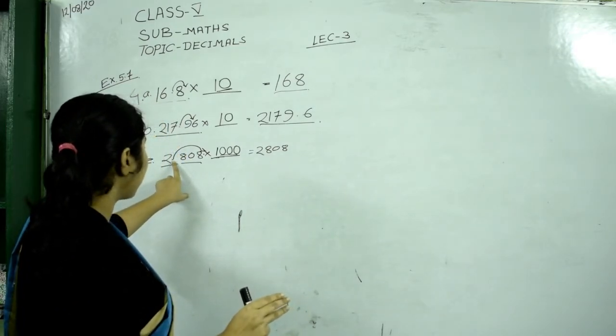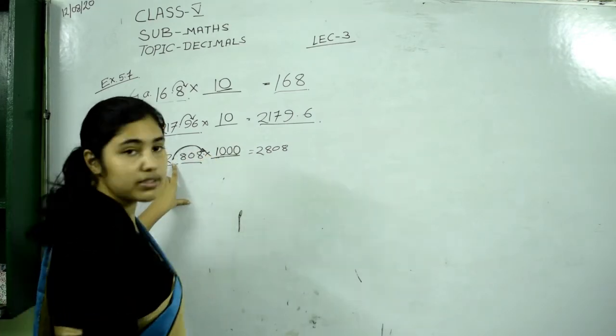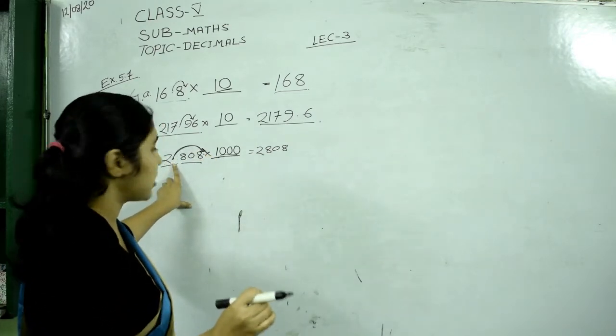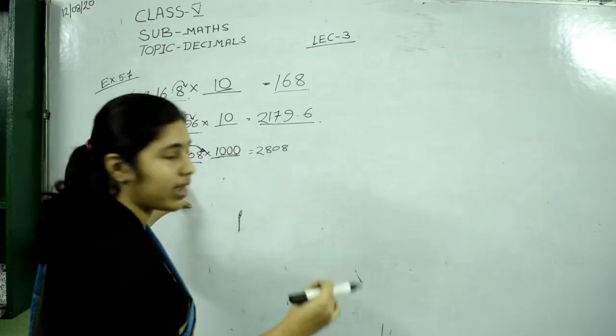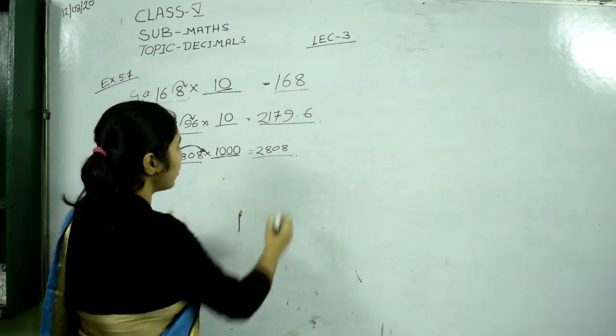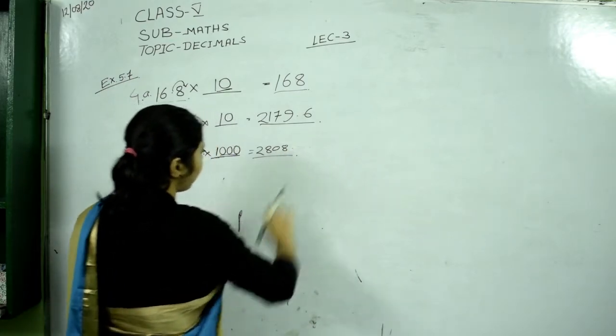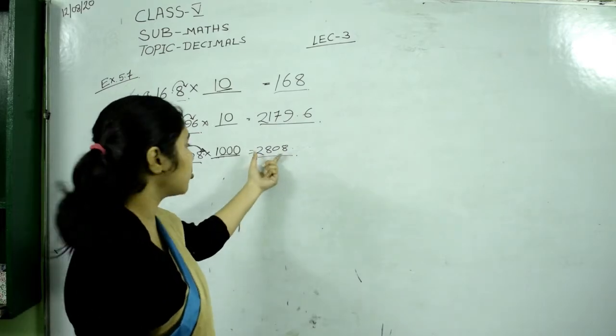That's why the decimal point is shifting 3 decimal places to the right. So our product is 2808.0, or we can write it as the whole number 2808.